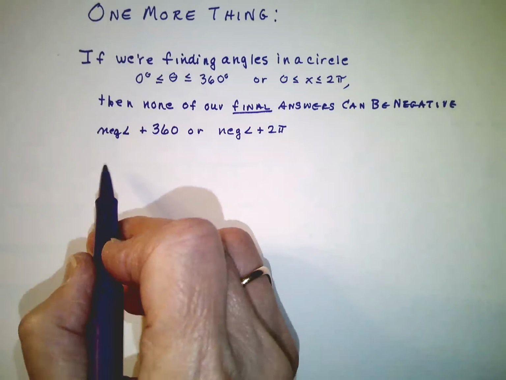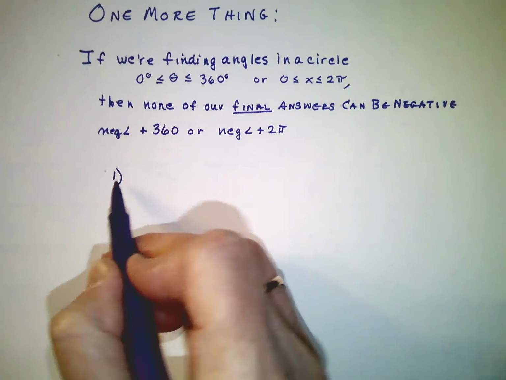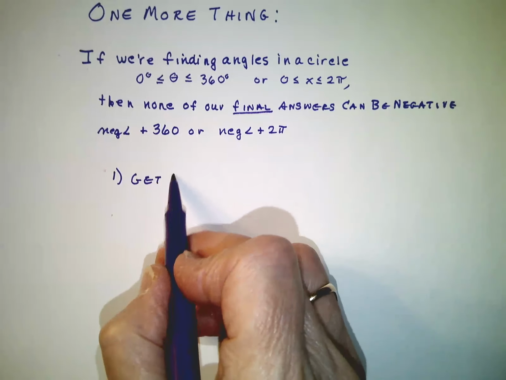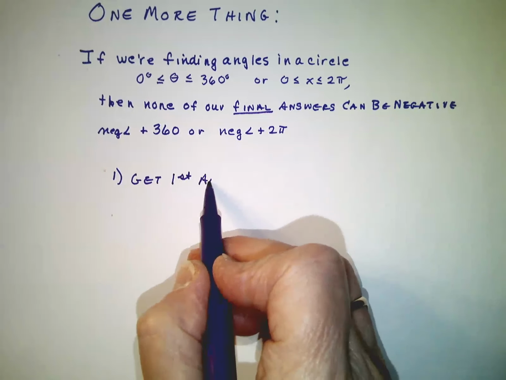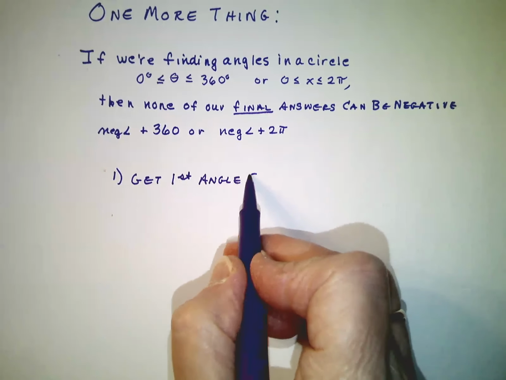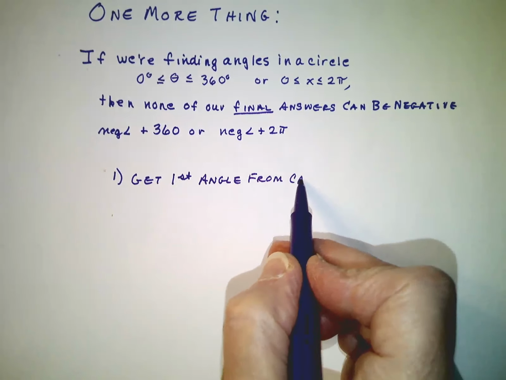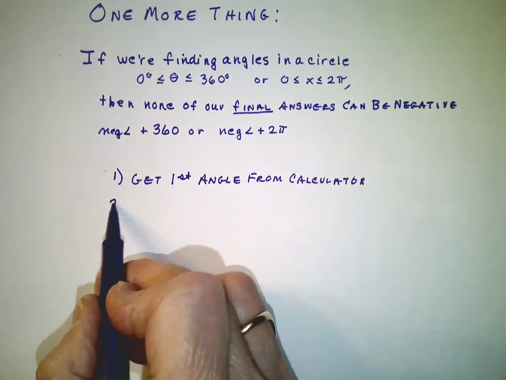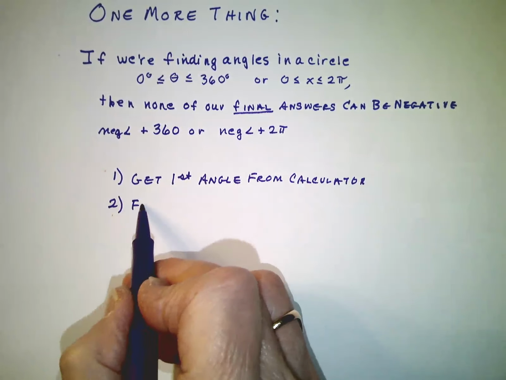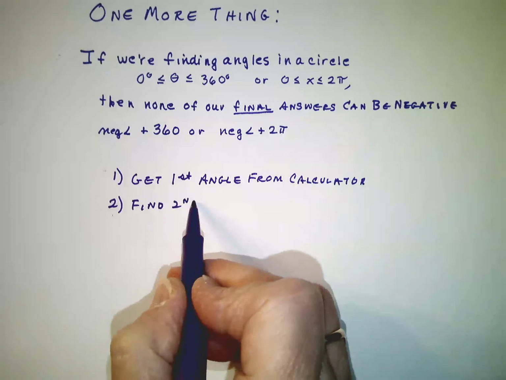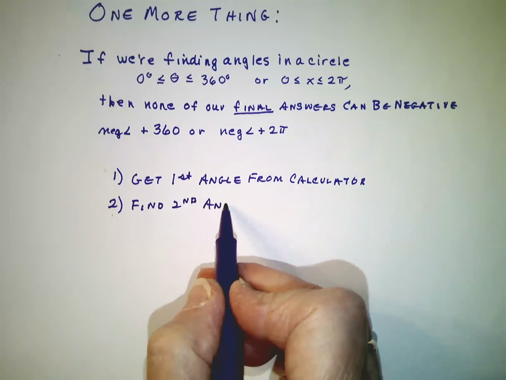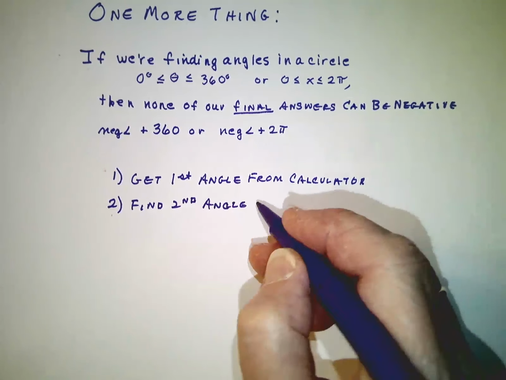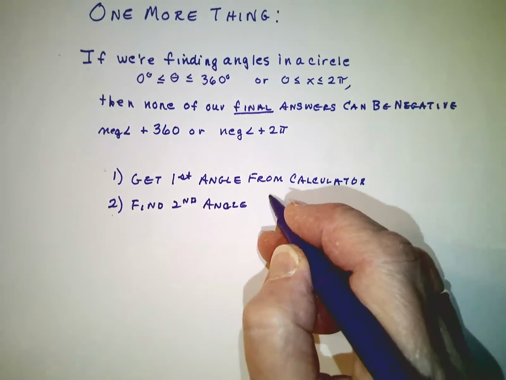So, some steps. 1, get the first angle from the calculator. Even if the calculator is the best one of all, your own brain. Then find the second angle by doing one of those subtraction or addition problems.